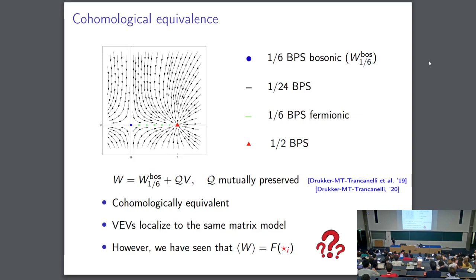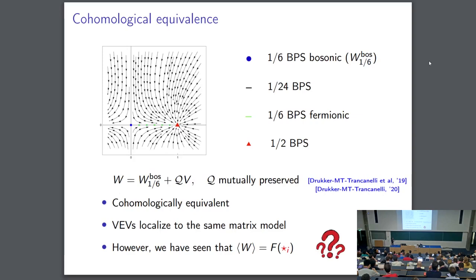And the idea behind the construction of this kind of operators here is that all of them are connected to the central point, so the origin, which is the 1/6 BPS bosonic operator, via some deformation that we studied a few years ago. And this deformation is such that all these operators are expected to be cohomologically equivalent.